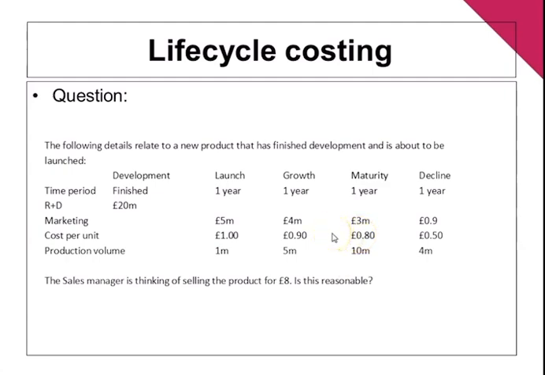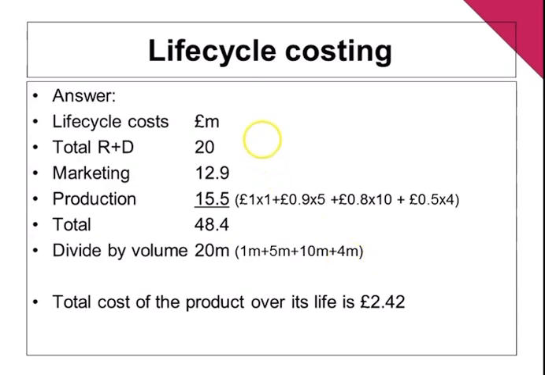Actually, answering that question is not difficult from a maths point of view. Over the page, all that we do is add things together. There's our R&D cost that was at year 0. Then our marketing is the 4 years added together. Then production is simply cost per unit times your volume, so £1 per unit times 1,000,000 units, plus the same for every year.